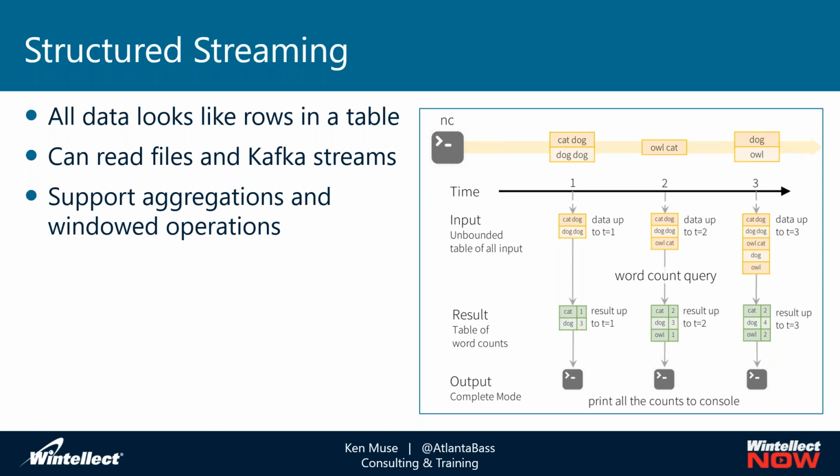It could be a Kafka stream or an Azure Event Hub stream. As the data arrives, it'll appear that a new row was added to a virtual table, which means we can join it, we can query it, we can analyze it. We can do aggregations and window operations over it so that we're able to act on the data as it arrives. For example, I could keep running averages.